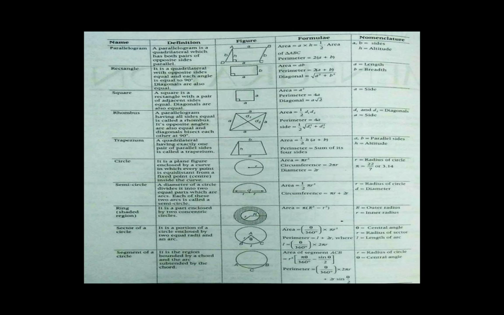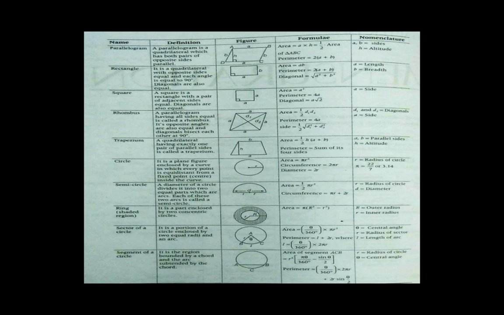Now let's see the formula, area and perimeter, of quadrilateral. So first one is parallelogram. The definition of parallelogram is: a parallelogram is a quadrilateral which has both pairs of opposite sides parallel.